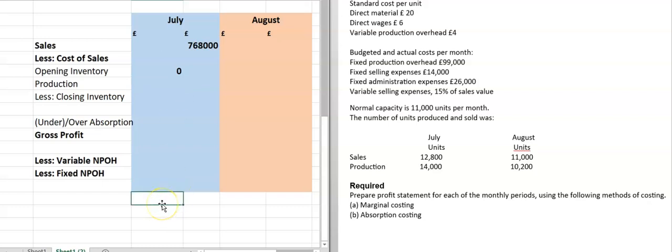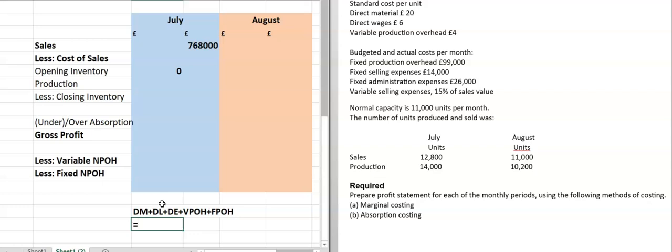So for that, what you have to do, you have to take the direct material, direct labor, direct expense, variable production overhead plus fixed production overhead, where you don't take fixed production overhead in the previous calculation under marginal costing.